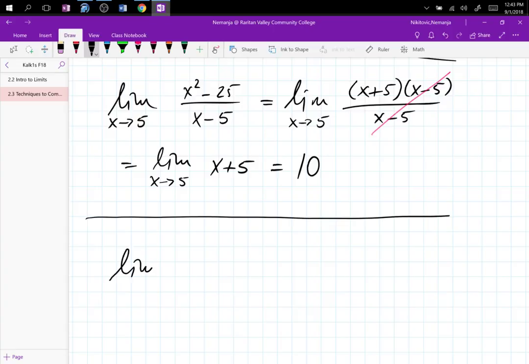How about the limit of x minus 9 over square root of x minus 3 as x goes to 9, to make it worse.